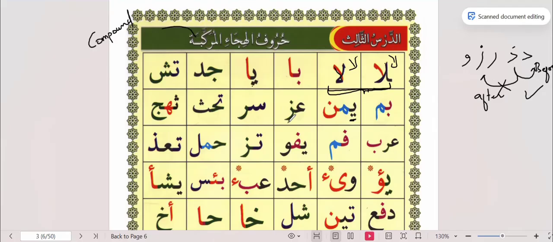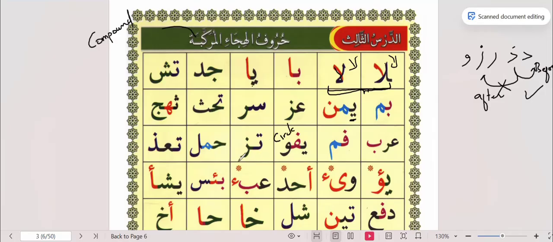Ain, Za, Sin, Ro, Ta, Ha, Fa, Ha, Jim, Ain, Ro, Ba, Fa, Mim, Ya, Fa, Waw. Circle your lips.